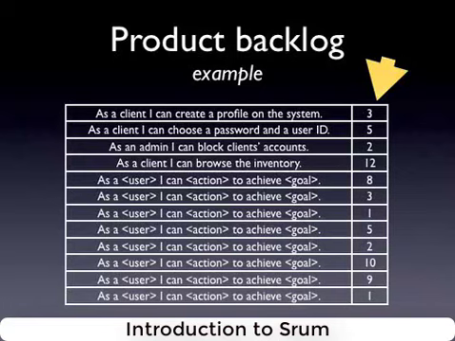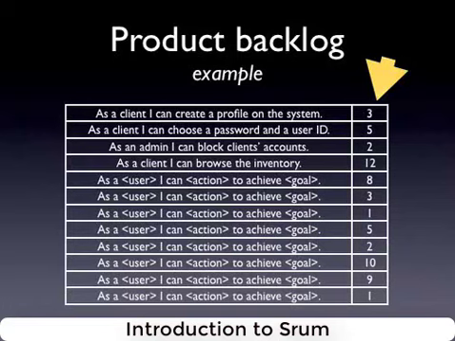Another idea, which is what we use, is story points. Story points are a relative measure of complexity. So let's say the second task on this list is almost twice as complex as the first one, and it doesn't say much more than that.